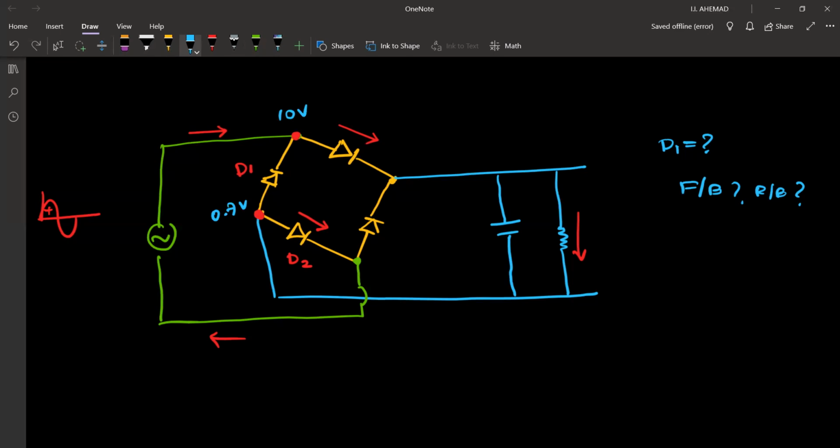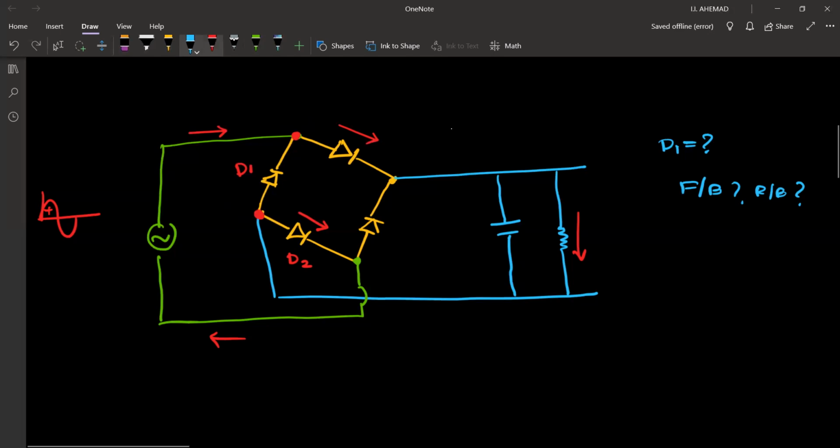Now, what can you tell about this diode D1? Is it reverse biased or forward biased? It is actually reverse biased, because on the cathode side the potential is high and on the anode side the potential is low. Therefore, it is reverse biased. That is why the current didn't flow through this.